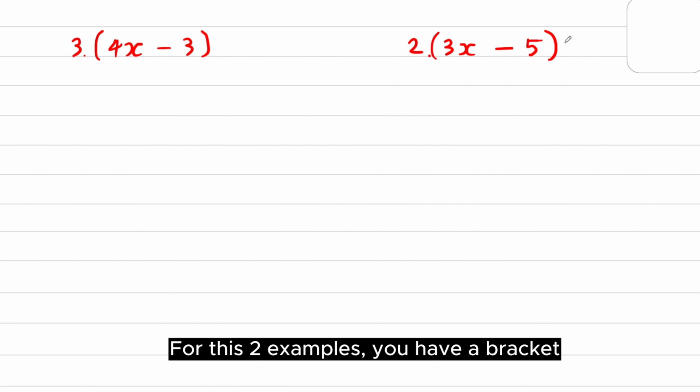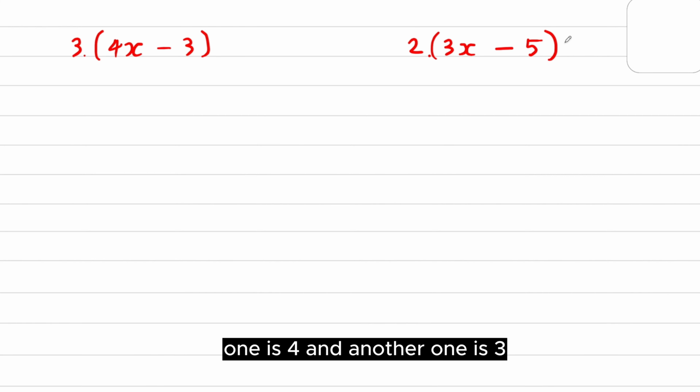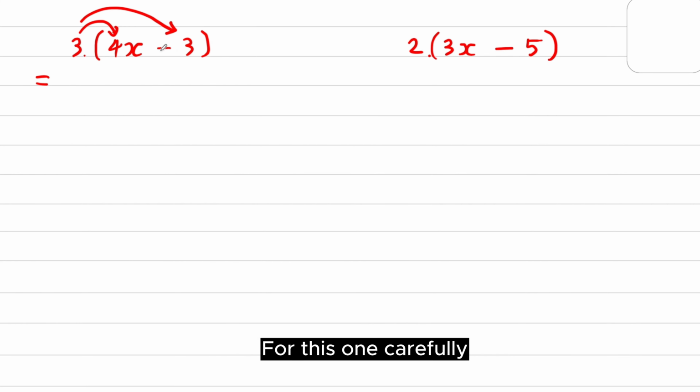For these two examples, you have a bracket and the coefficients inside the bracket are different. One is 4 and another one is 3. Step by step, you will multiply 3 by each term for this one. Carefully, this is minus, this is not plus. So you get 3 times 4 times x minus 3 times 3.